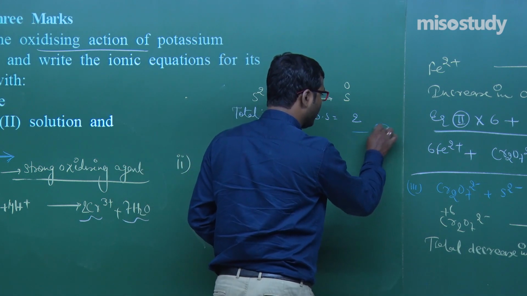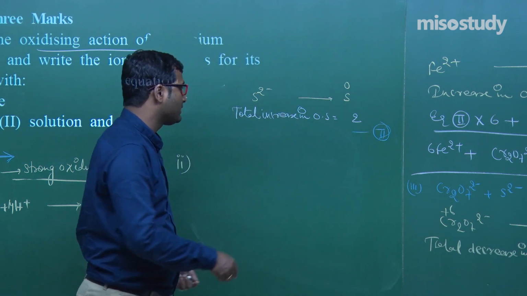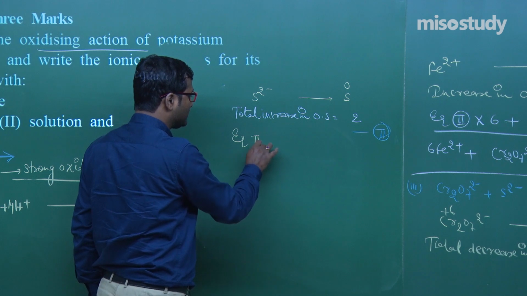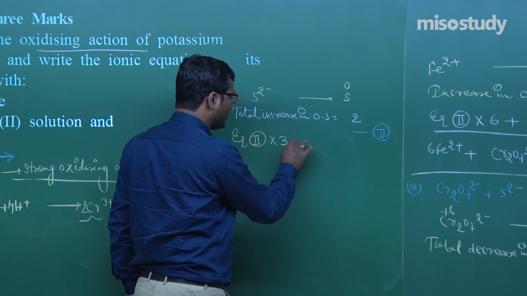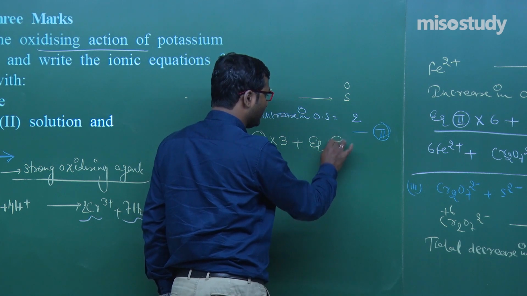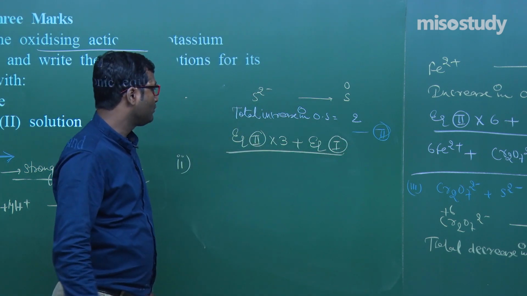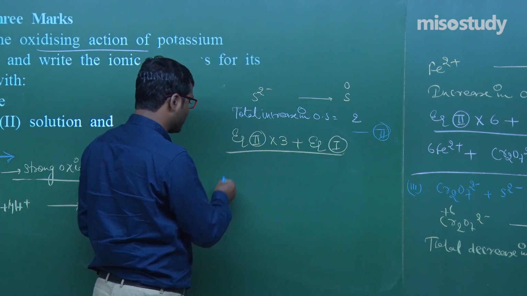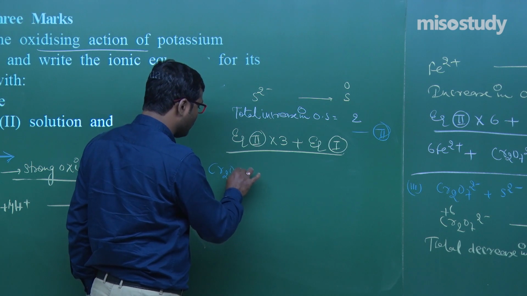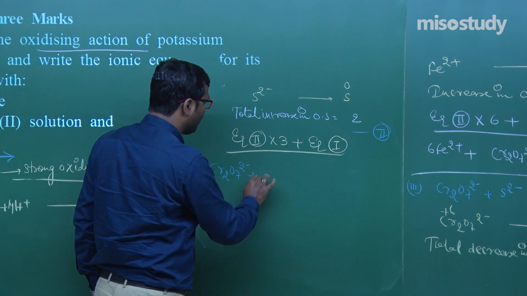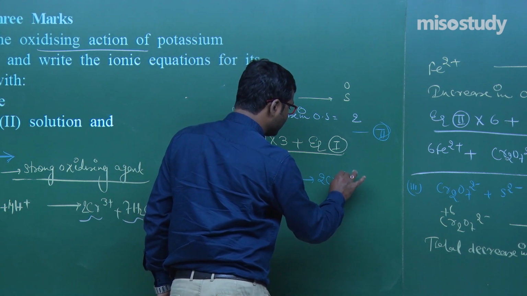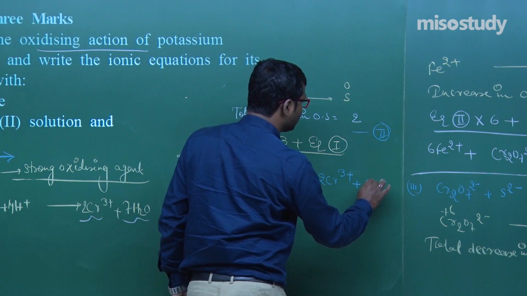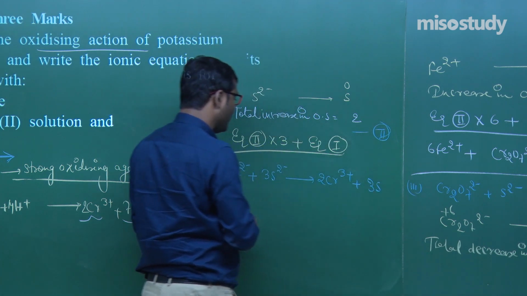Now what to do, my friend, in this case? To balance, we need the total increase and total decrease to be equal. Equation 2 multiplied by 3 plus equation 1, that is Cr2O7 2 minus plus 3H2S gives you 2Cr3 plus and 3S. Clear? Now what to do?